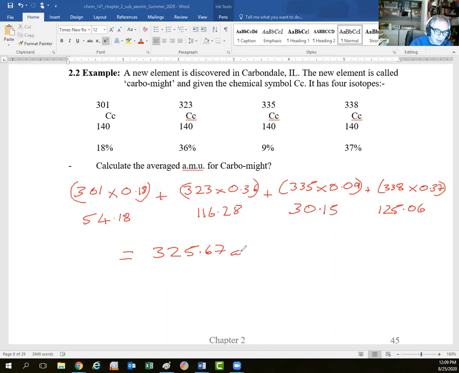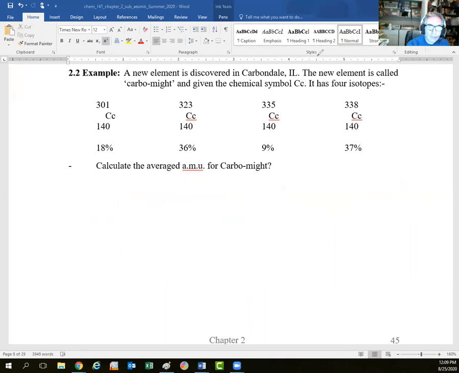Don't forget your units. That's AMU, atomic mass units. Most people find that fairly straightforward after a couple of examples.